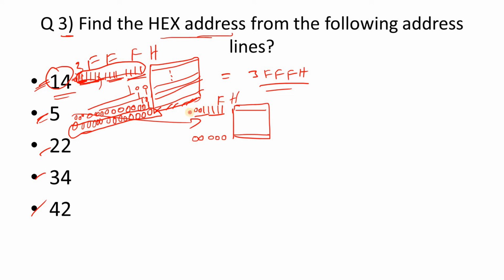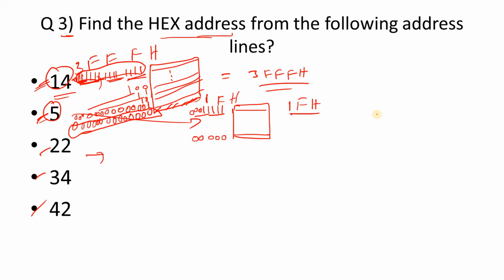So 0, 0, 0, 1 and F. 1FH is the hexadecimal value for 5 address lines.